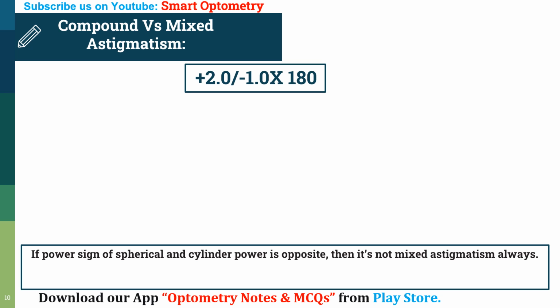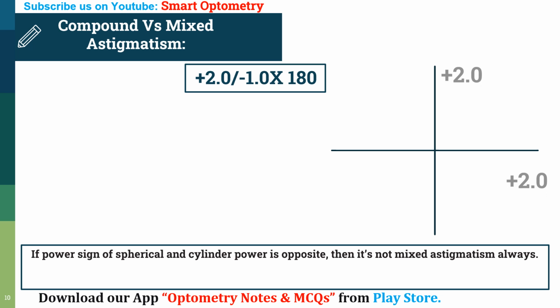Let's take an example: plus 2 minus 1 at 180 degree axis. This power seems like mixed astigmatism, but it's actually compound hypermetropic astigmatism. Let's see how. If we distribute this power in an optical cross, then our spherical power is plus 2, so it will be in both meridians, and minus 1 is at 180 degree axis, so that power will be in the vertical meridian.